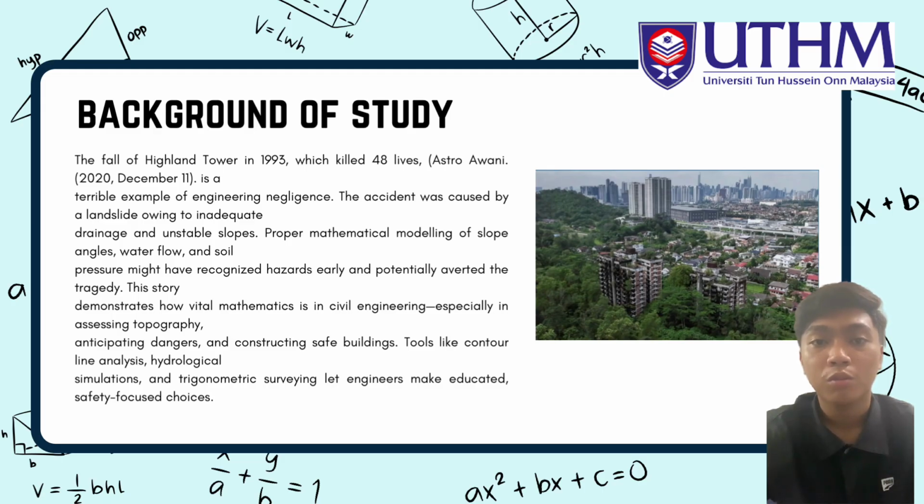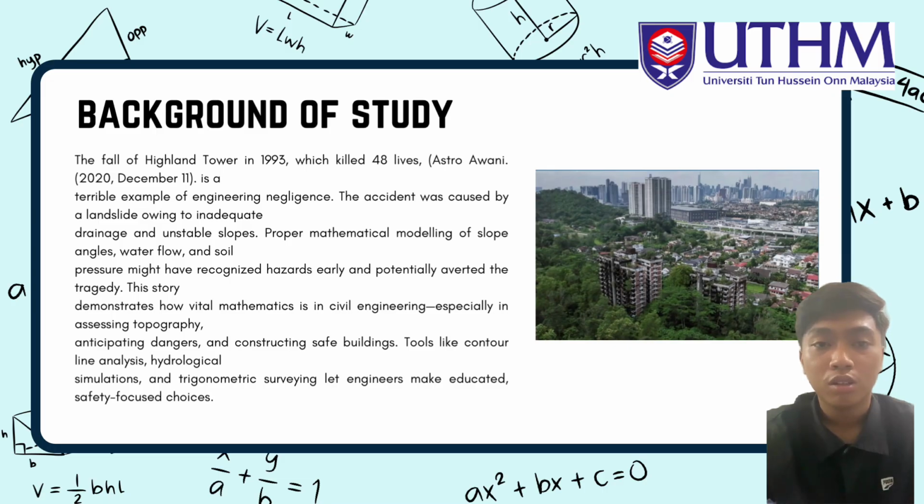Proper mathematical modeling of slope angles, water flow, and soil pressure might have recognized the hazard early and potentially averted the tragedy. This story demonstrates how vital mathematics is in civil engineering, especially in assessing topography, anticipating danger, and constructing safe buildings.